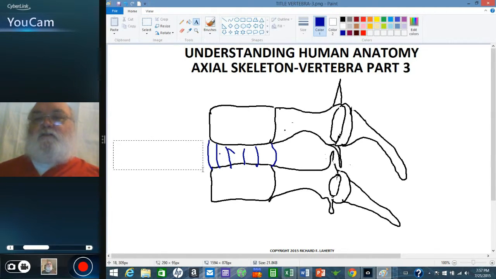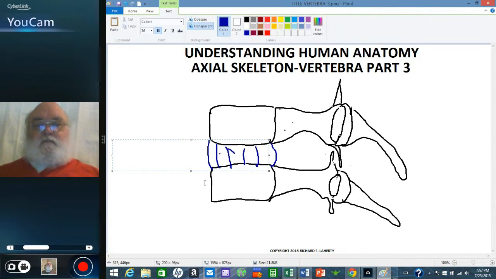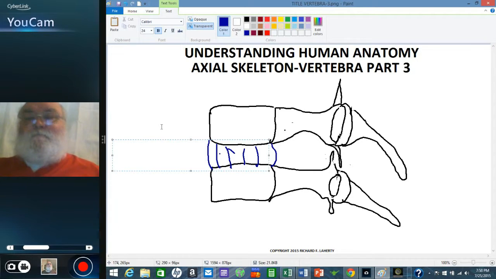Remember again, inter is a prefix that means between. So this is the disc between vertebrae. Intervertebral.